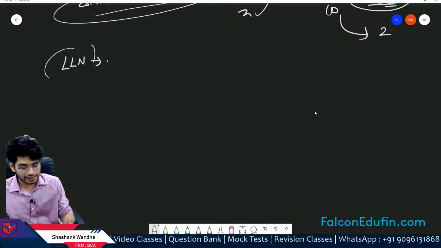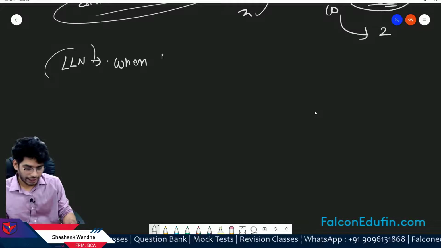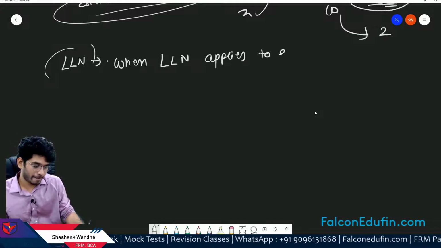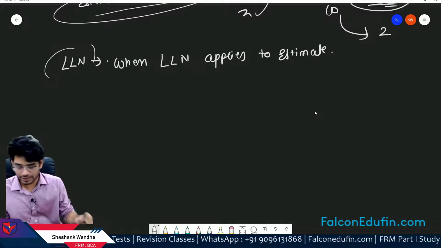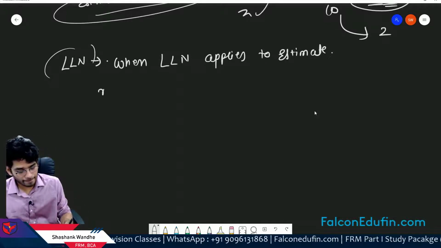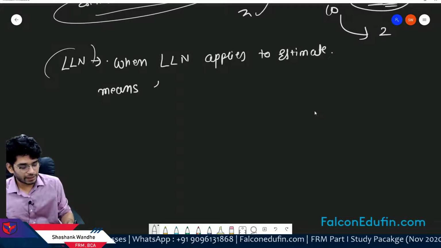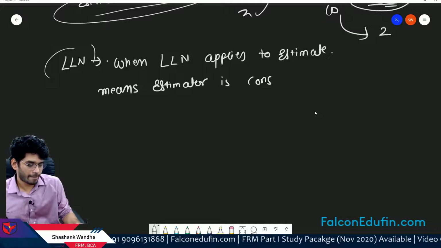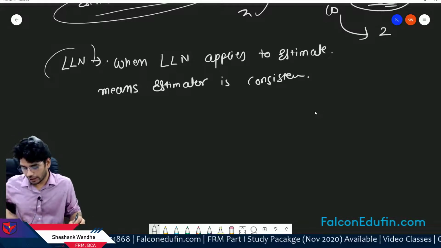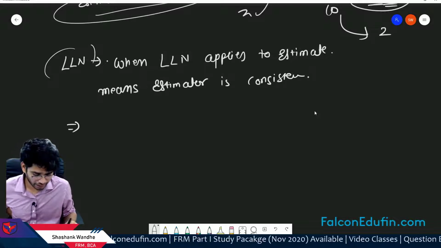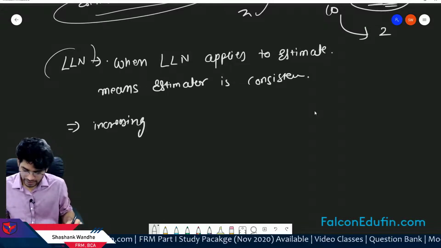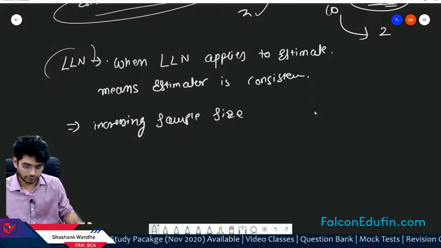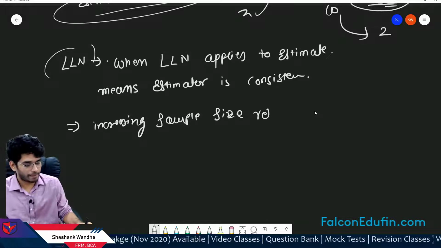In LLN, when LLN applies to an estimate, it means the estimator is consistent. And what is the law of large numbers? It is simple: increasing sample size results in a better estimate.